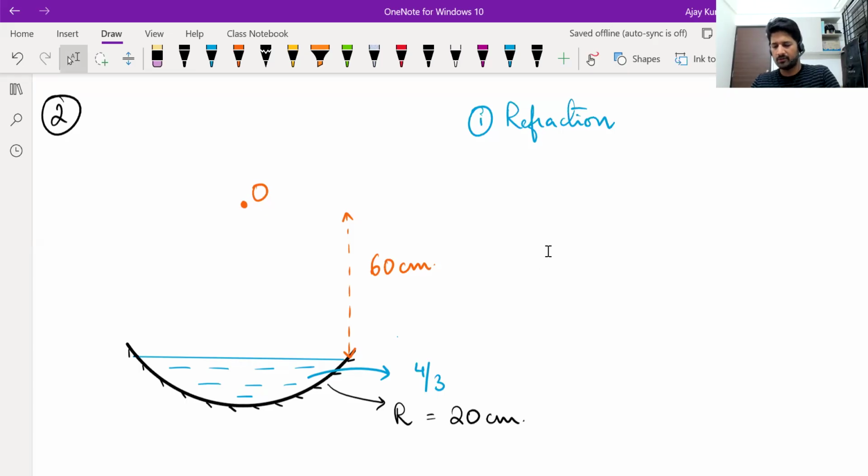Can any of you tell me where the first image will form after refraction at the upper surface of water? Isha, what have you tried?